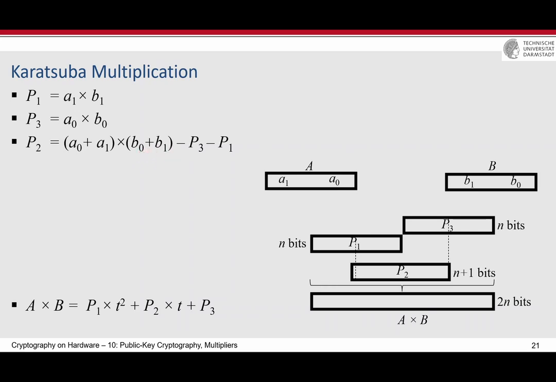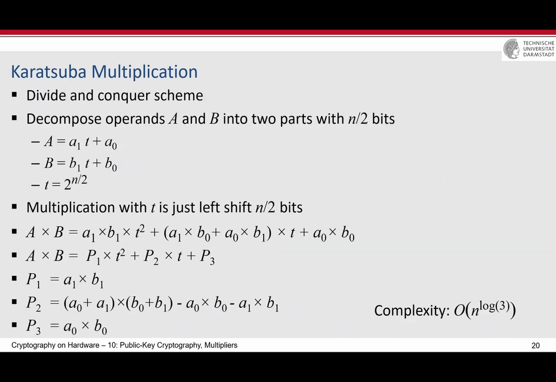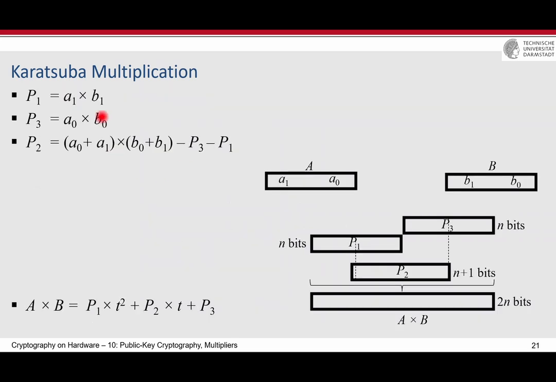Why is this important? Because if you implement the first form, you need 4 multiplications. But if you write it like this, you will have just 3 multiplications.